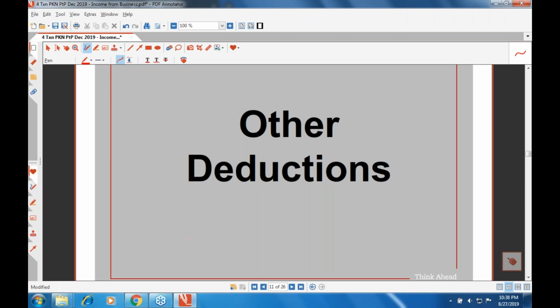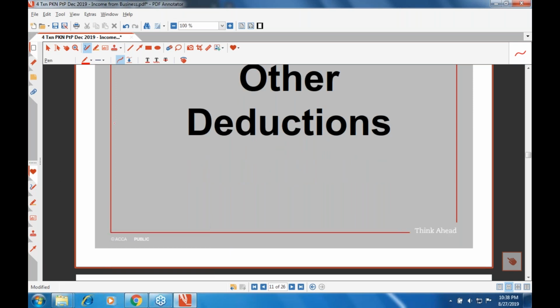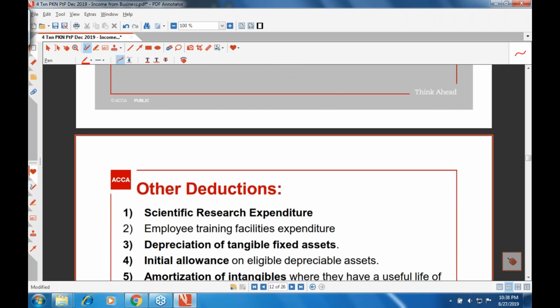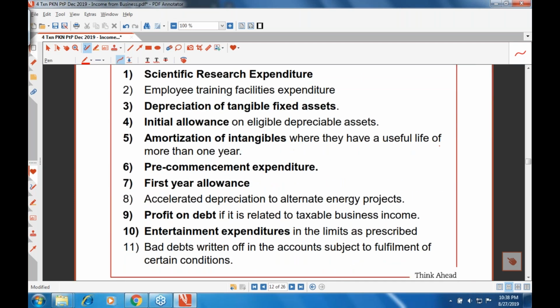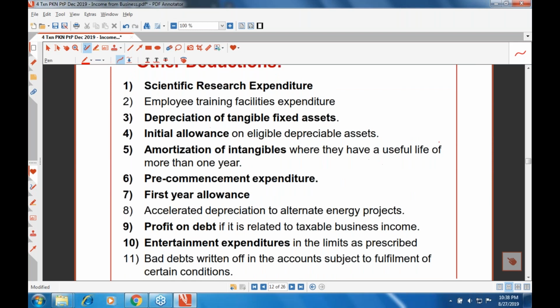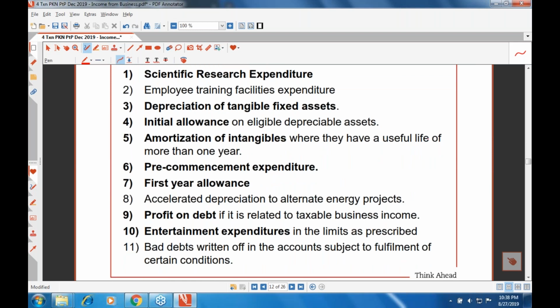Let's try to understand. This is a long list of other deductions which can be claimed: scientific research, employee training facilities, entertainment, etc. This is a long list which we are going to discuss one by one together.